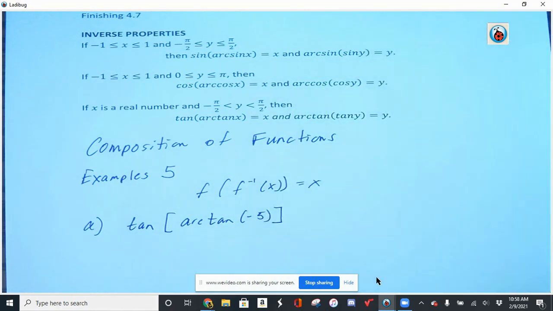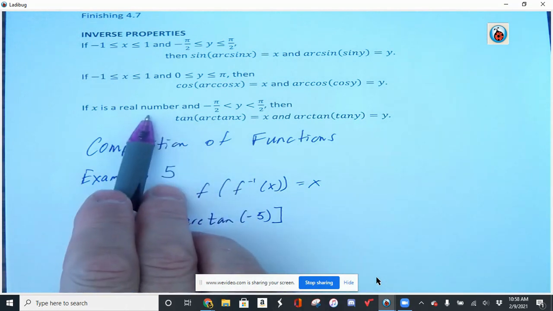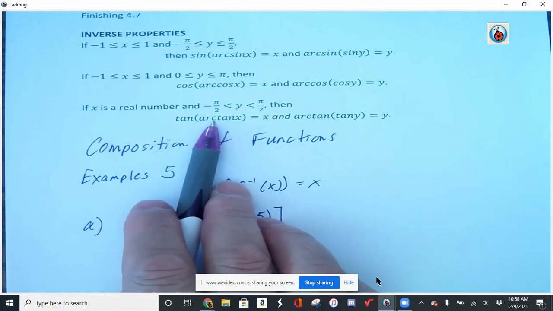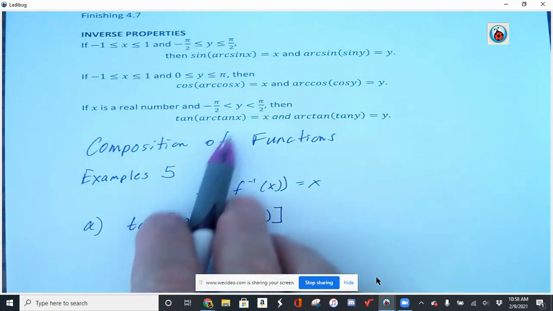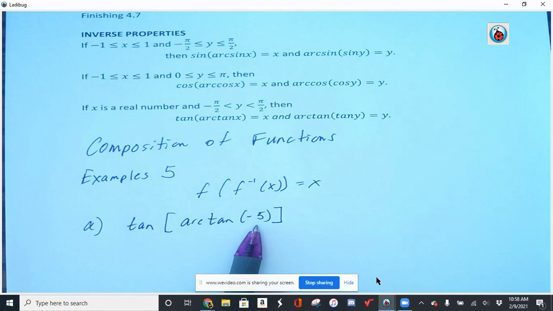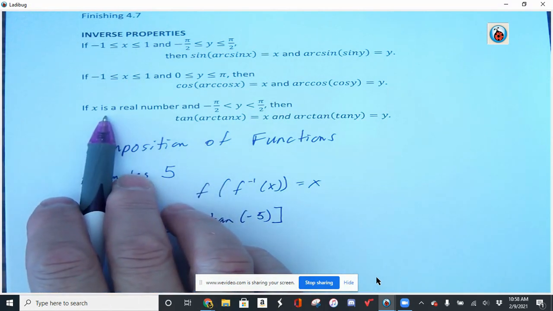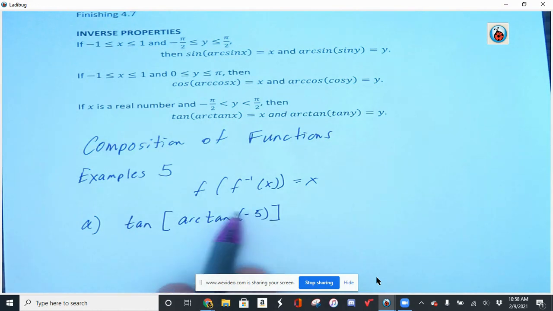I'm looking at tangent and arctangent, that's this third line right here. The arctangent is inside the parentheses, which means the x is with it, so my x value is -5. It says if x is a real number, and -5 is definitely a real number, so that fits.